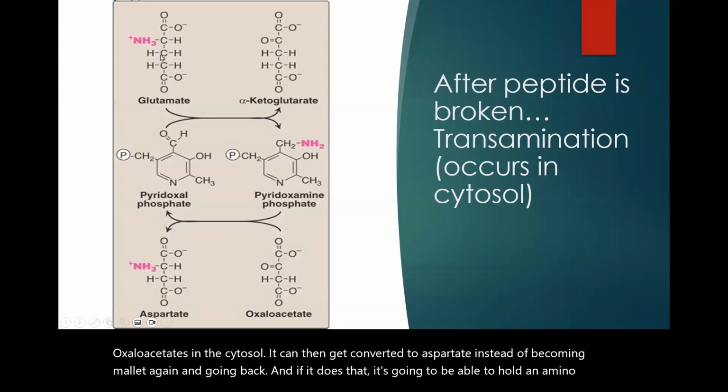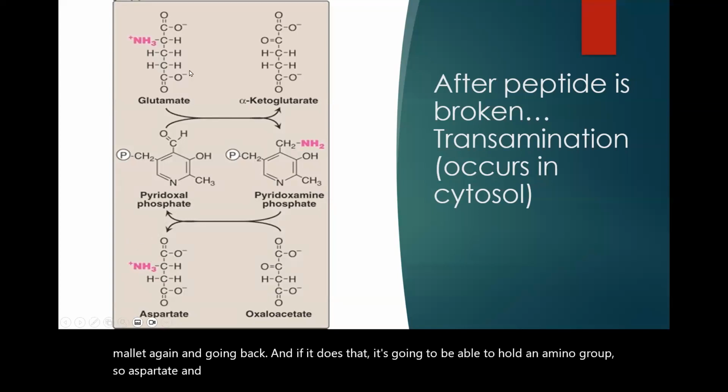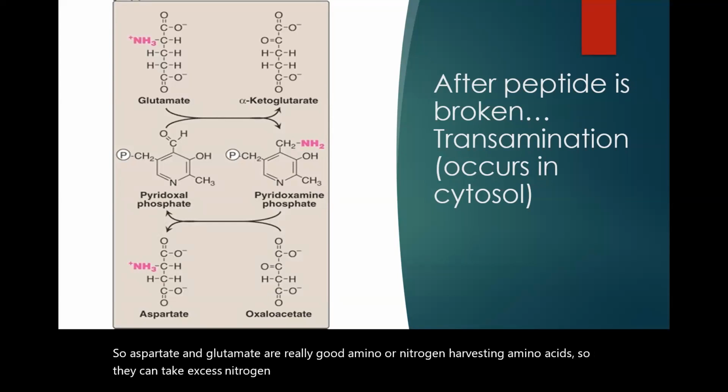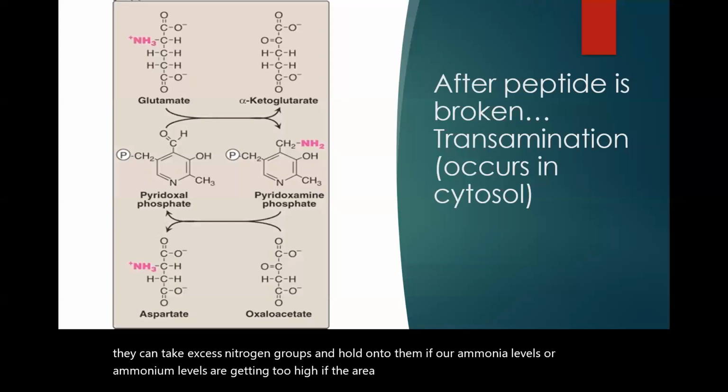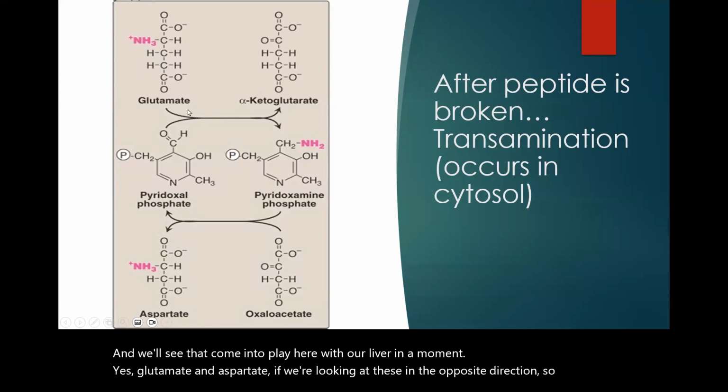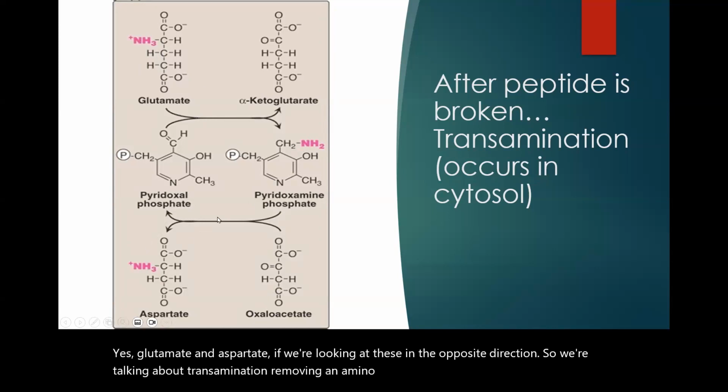So aspartate and glutamate are really good amino or nitrogen harvesting amino acids. They can take excess nitrogen groups and hold onto them if our ammonia or ammonium levels are getting too high, if the urea cycle is too taxed. And we'll see that come into play with our liver in a moment. We're talking about transamination, removing an amino group right now.